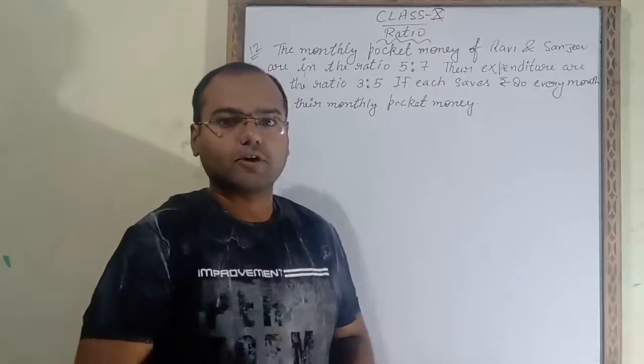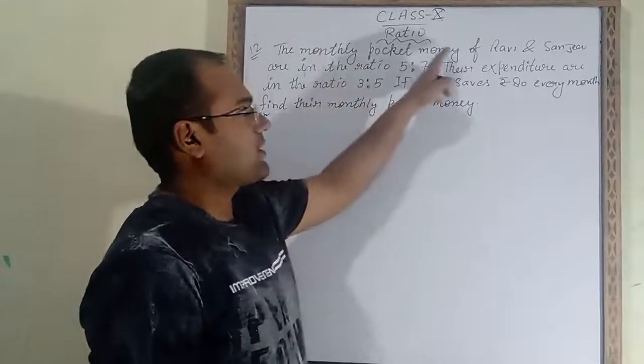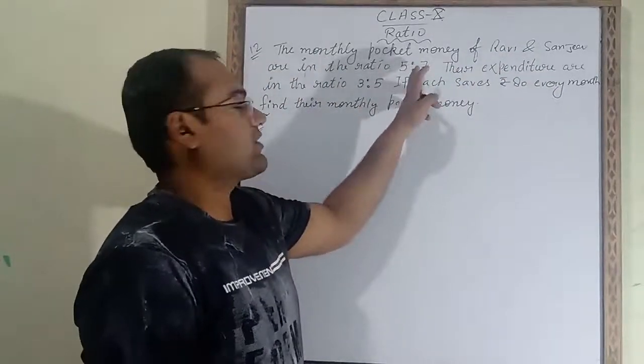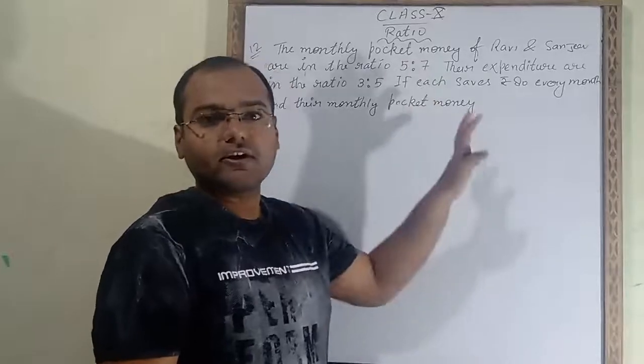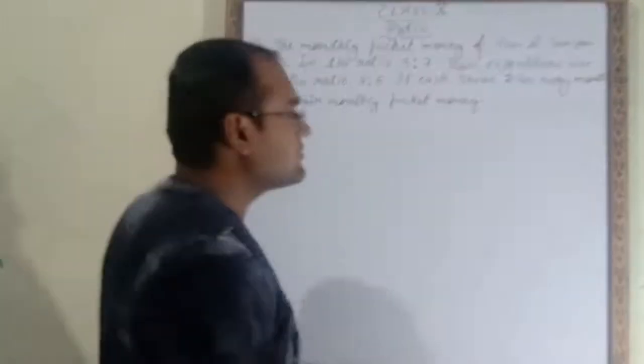Now see question number 12. The monthly pocket money of Ravi and Sanjeev are in the ratio 5:7. So what is given here? Pocket money of Ravi and Sanjeev is given.